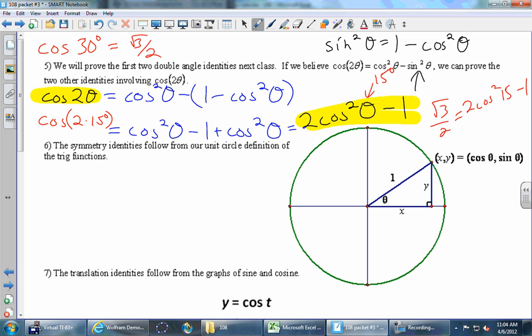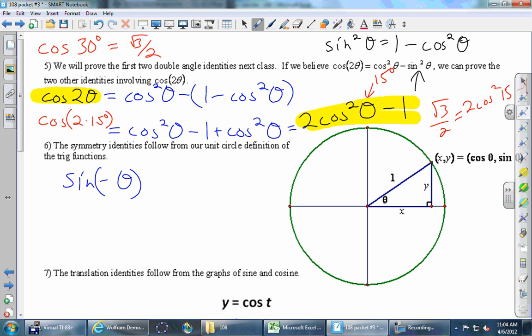Okay, number 6. We'll just look at one of the symmetry identities, for example, sine of negative theta. Trying to figure out what sine of negative theta is. First of all, is the sine the x or the y? It's the y.